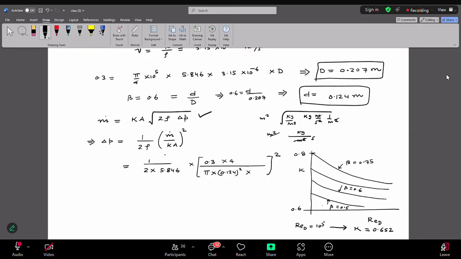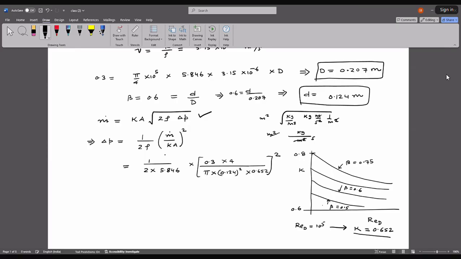I will provide this value if I ask a question. So this K is 0.65. If I do the calculation, I get 124.9 Pascal. So that is the delta P across the orifice plate.